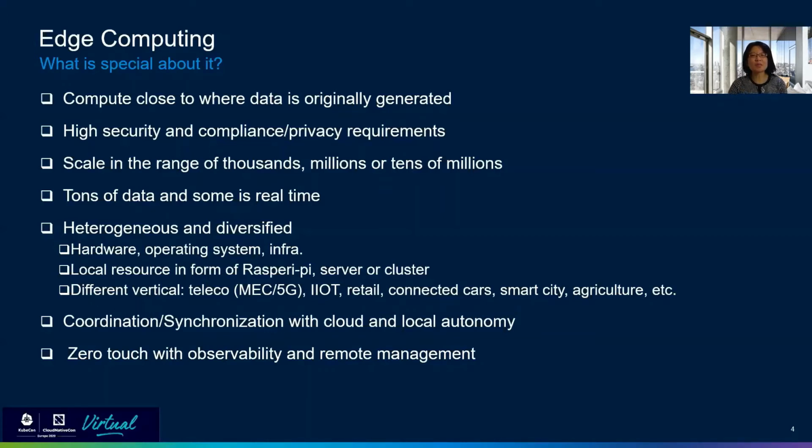From a use case perspective, it can be Telco 5G, industrial IoT, retail, connected cars, and etc. Edge needs to coordinate with cloud, and it also requires local autonomy. Ideally, zero-touch operation with observability and remote management are desired.